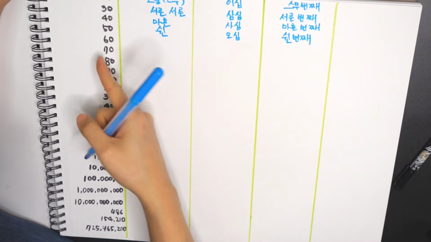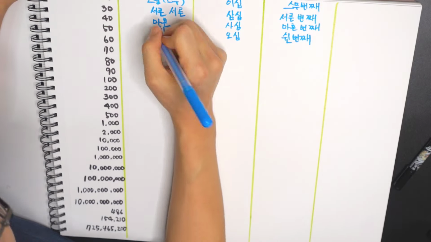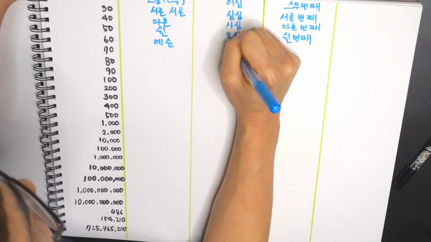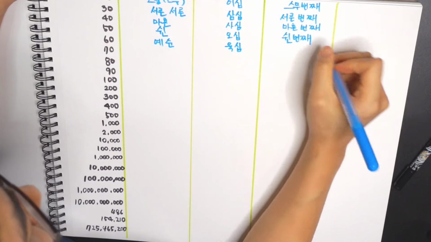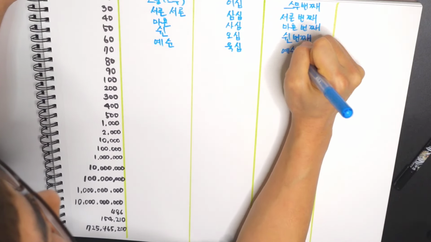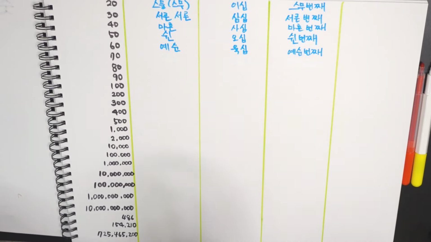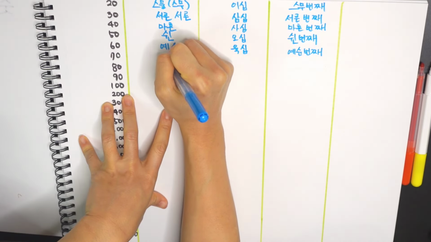Okay, so 60 is 예순, and it's 예순 번째. Okay, and for 70 we have 일흔.